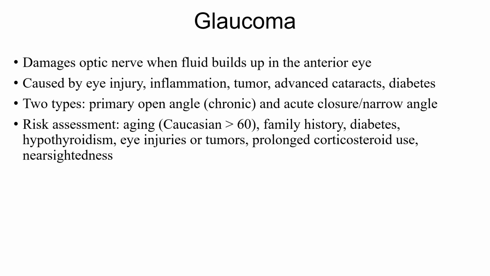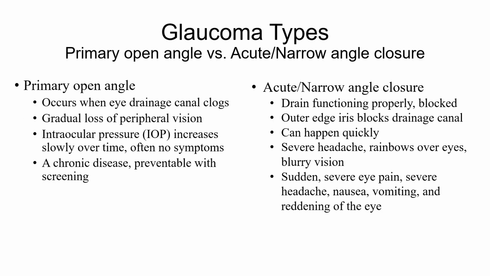There are two different types: primary open angle and acute angle closure. Primary open angle is the most common, with chronic increased pressure. So aging, family history, and those types of things can increase the risk.